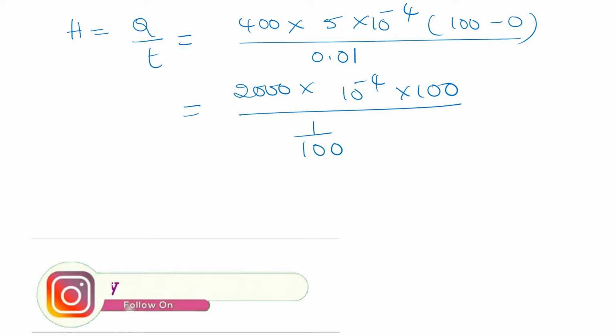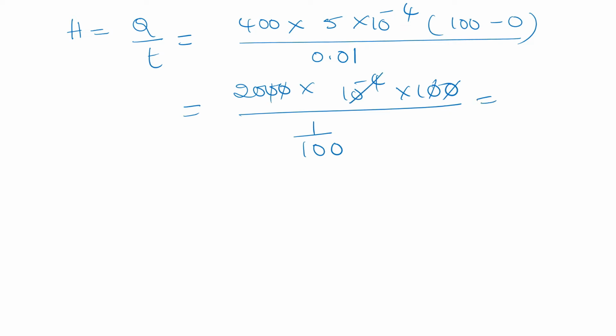So the 10 to the power of minus 4 gets cancelled with these two zeros. That is equal to 20 into the reciprocal of 100 into 100, so 20 into 100 is 2000. So H is equal to 2000.